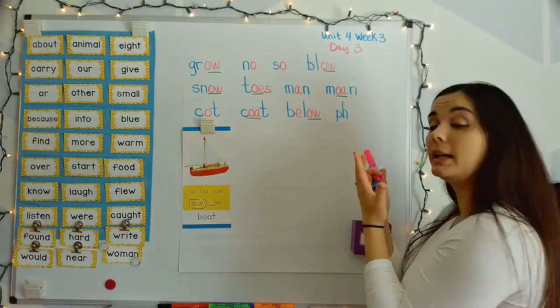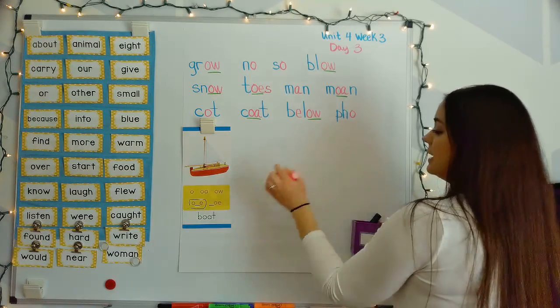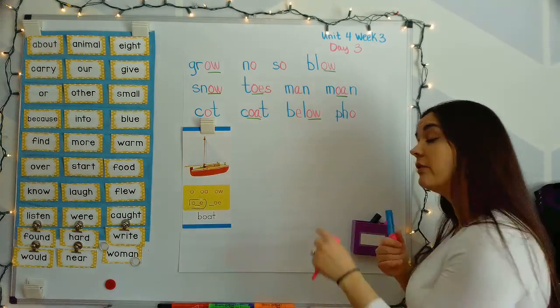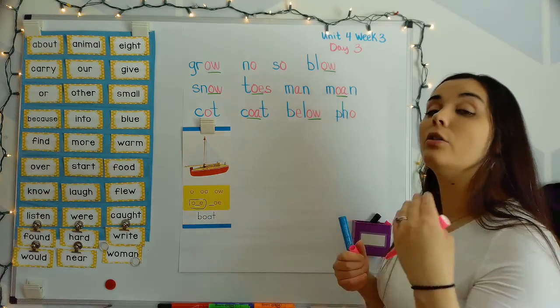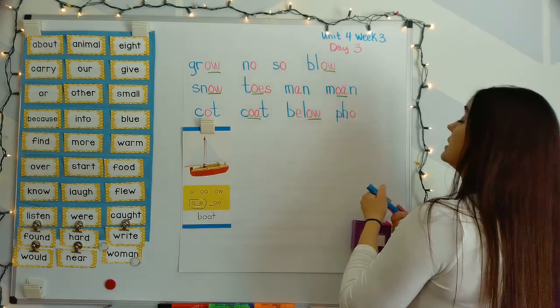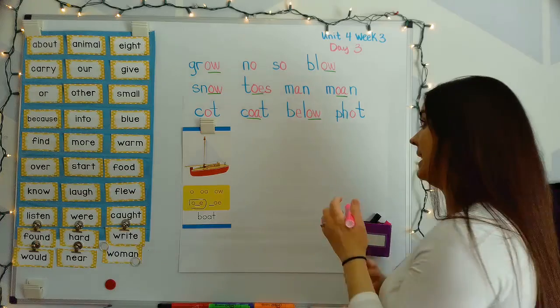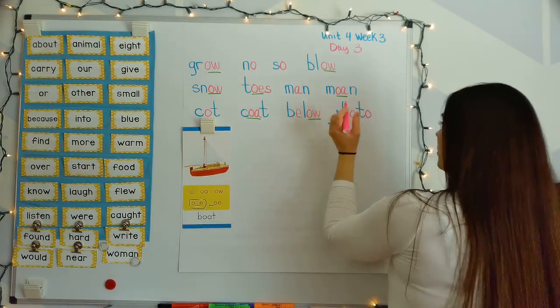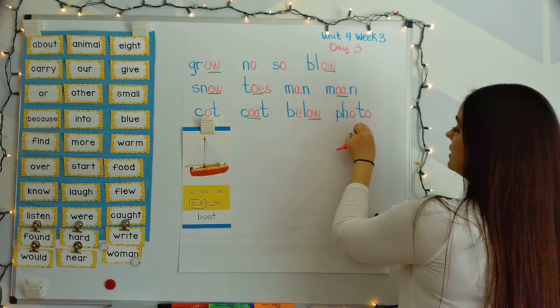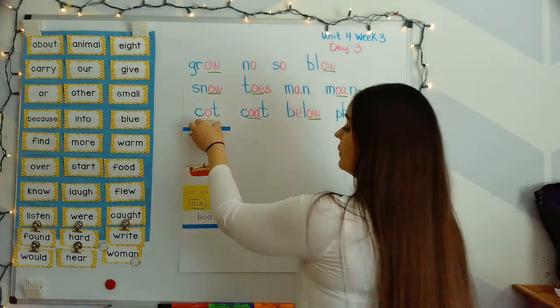You just have to know that PH together says f. And this is an example where the O by itself says that long O sound in photo. You hear O, and then you hear ta, and then you hear O again. So, O, t, O, photo. So photo is just another word for a picture.